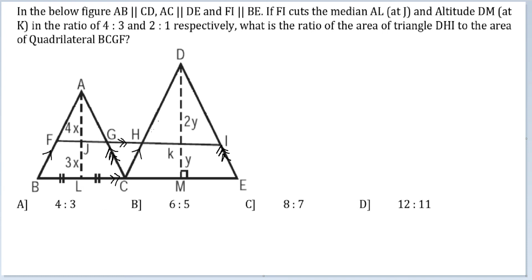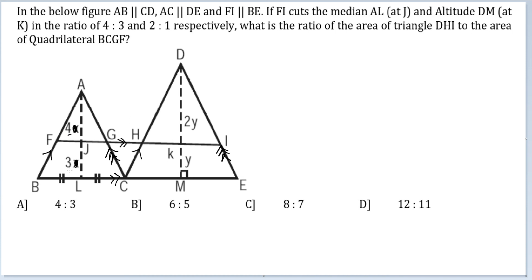Okay, DHI to BCGF. So what I'm doing is I'm taking the height of AFG as 4, the height of BCGF as 3. The triangles AFG and ABC are similar.